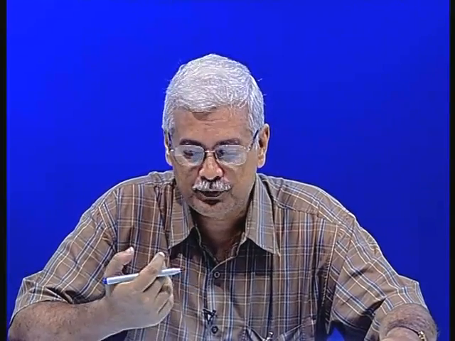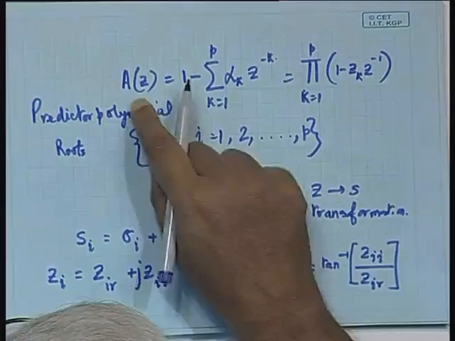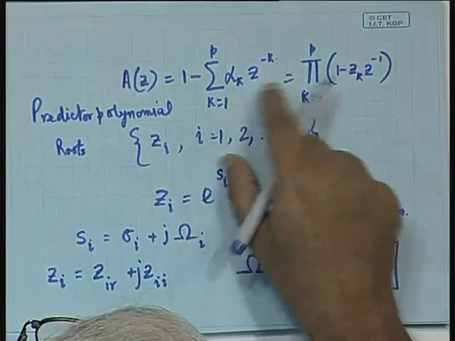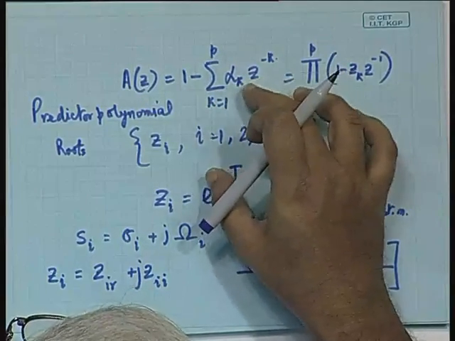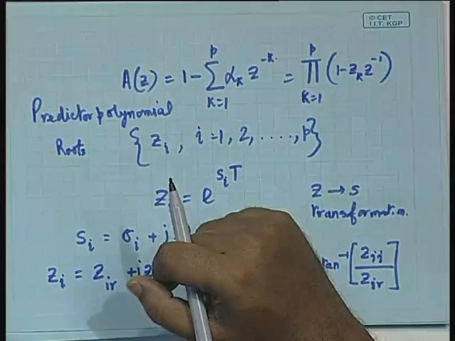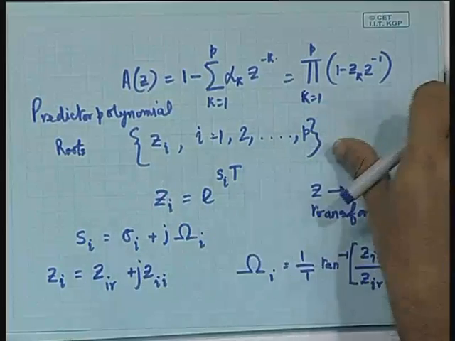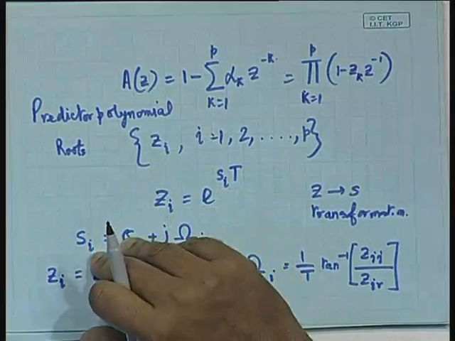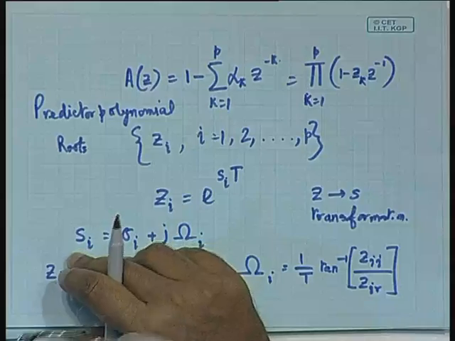Is there any direct relationship between the LPC coefficients and the formants? Well, there is of course some kind of an indirect relationship which we can expect. Given the predictor coefficients alpha k's, if we use the expression A(z) equal to 1 minus summation k equal to 1 to p of alpha k z to the power minus k, and factorize it, then the z k we obtain as the roots of this polynomial equivalently represent these alpha k's.